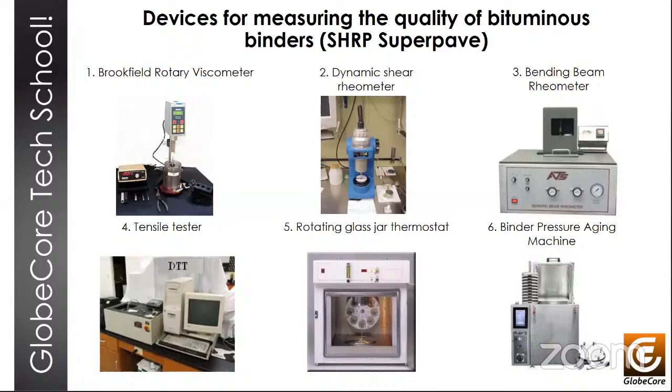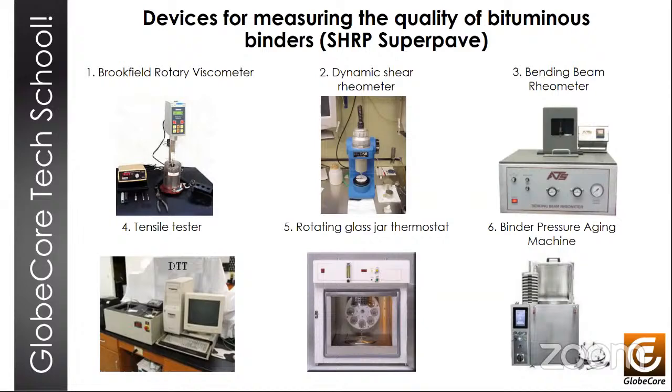And true viscosity is a characteristic that allows us to evaluate the ability to pump a material through pipelines and its ability to combine with minerals, the stone material in the road surface. It's determined at 135 degrees centigrade using a Brookfield rotational viscometer.